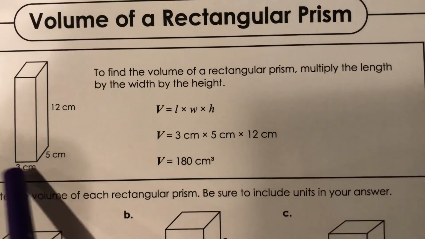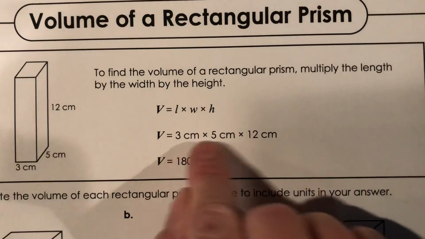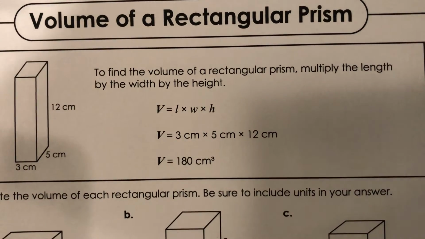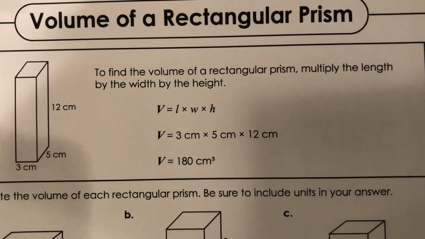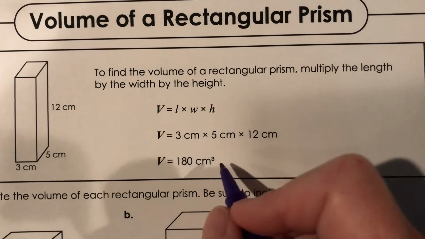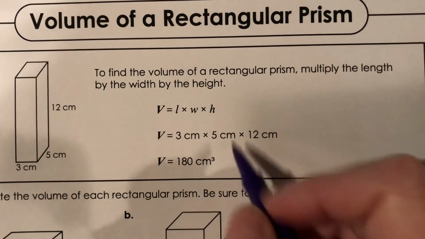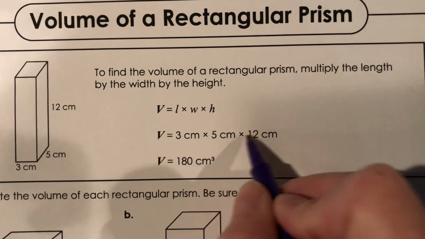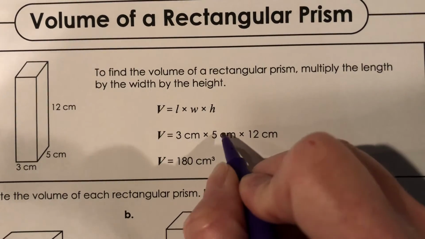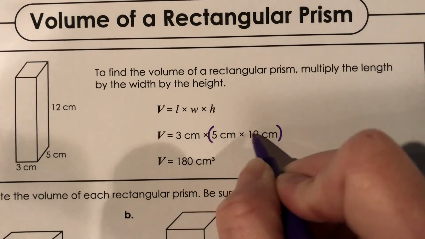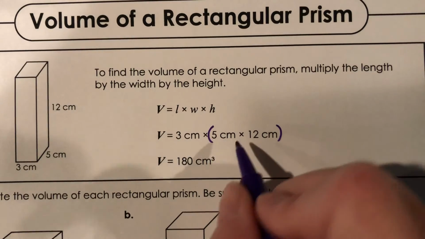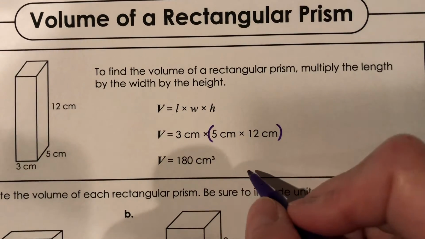All right, so to find the volume of this, we'd have to do 3 times 5 times 12. And this is where we are going to use some things that we learned in math class, right? Okay, now when I look at this, I think I would like to do 12 times 5 first. So I'm going to use my associative property and group the 5 times the 12, because I actually know that 12 times 5 is 60.